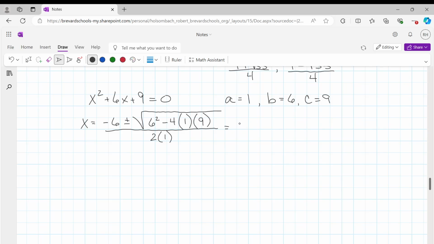So I'm going to bring over the negative 6 plus or minus square root. I'm going to type in everything under the radical. So 6 squared minus 4 times 1 times 9, and I get a 0. And this is all over 2 times 1, which is 2.